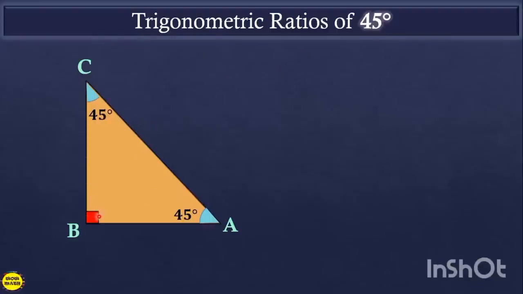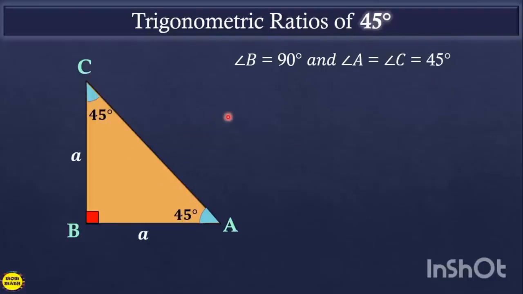So, kung meron kang right angle, ibig sabihin yung dalawang other angles mo are complementary angles, of course, and they are equal kasi 45. Okay. Now, we all know that angle B is equal to 90 degrees and angle A is equal to angle C. And they are both 45 degrees. Kasi 45 degree angle po ito. So, automatic yun. They are equal.